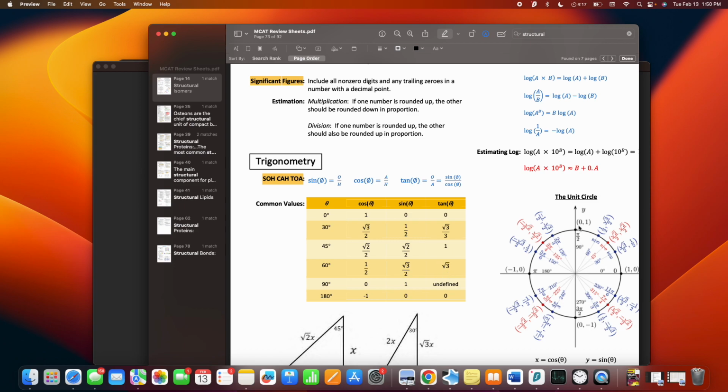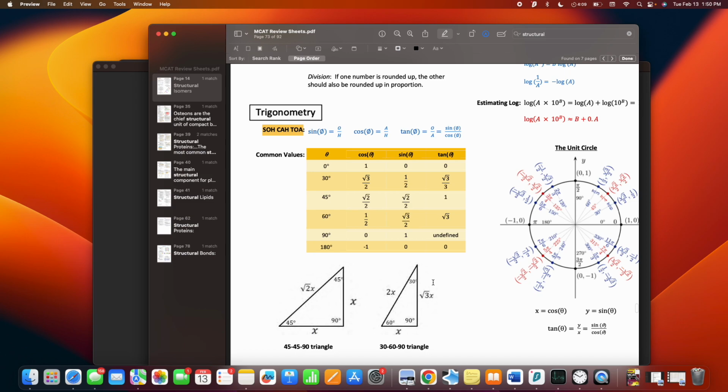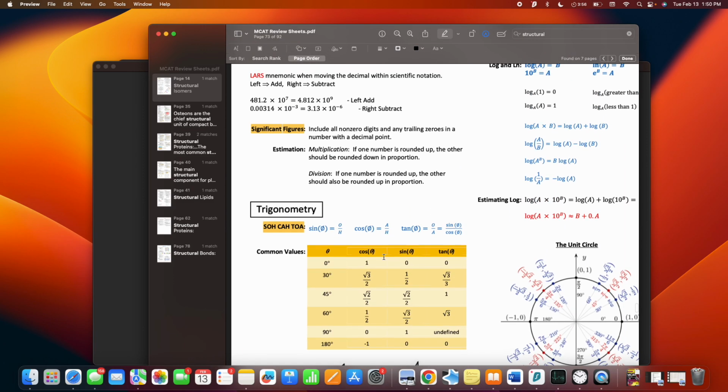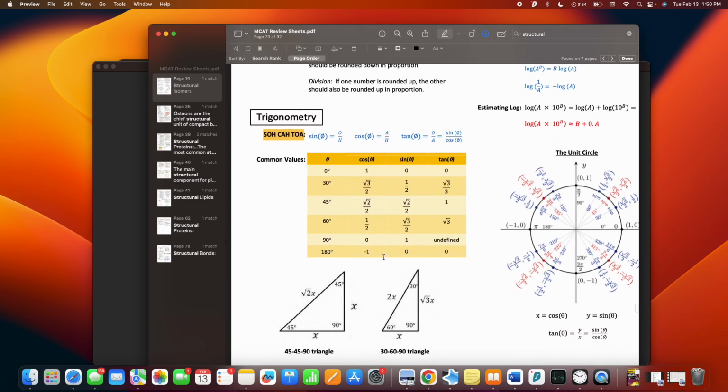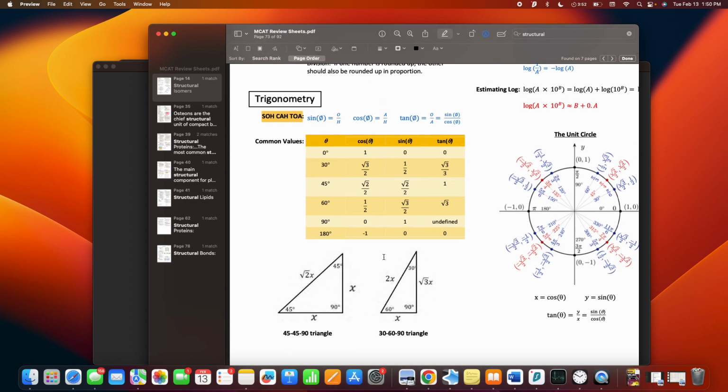For 90 degrees the tangent is undefined because you get 1 over 0, which is infinity. And for 180 degrees we have 0 over negative 1, which is 0 basically. And we'll get to the logs in a second.